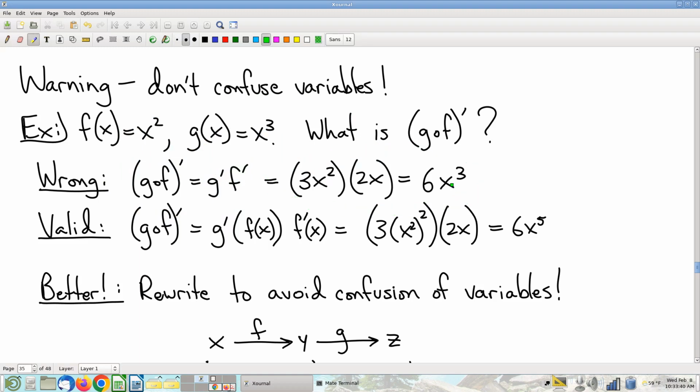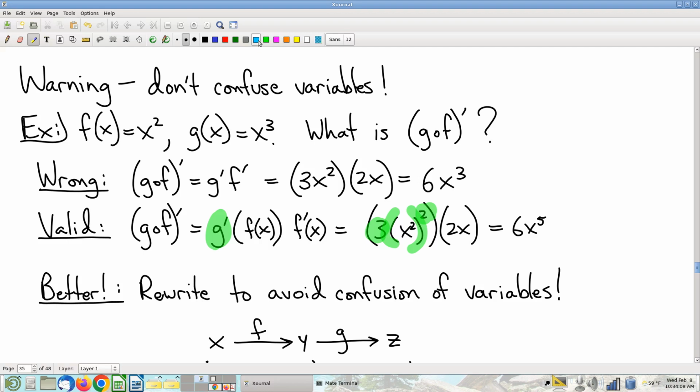Now, it's because I played a little too fast and loose with the pithy phrasing of the single variable chain rule. Here's a more careful development where I have to recognize that the derivative of the second function has to be evaluated at the first function, and so g prime is 3 times the square of whatever its input is.